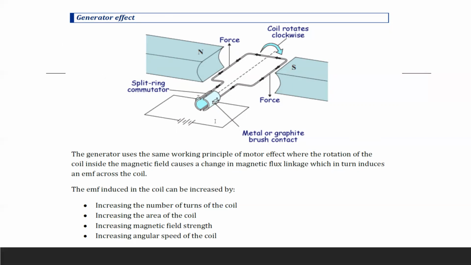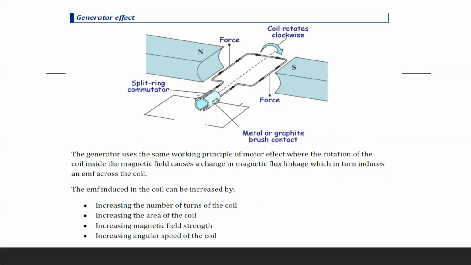This is actually a motor, because it has a supply and split rings. If it was a generator, this part would not have any source or battery. It would have a load like a resistor or anything.